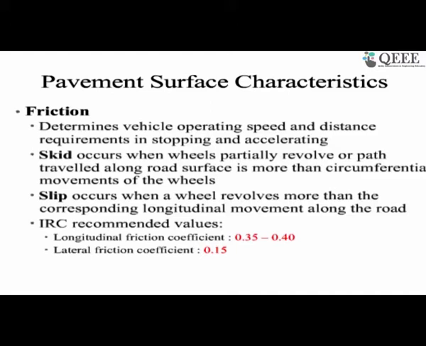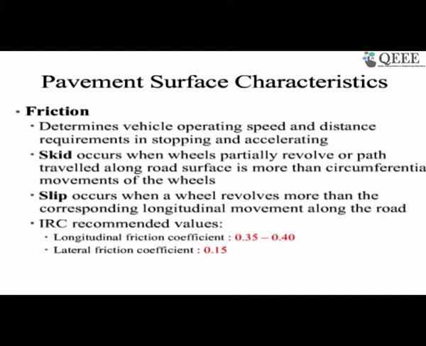Now, as I told you, there are certain recommended values for the friction. If you see, the vehicle is moving in the longitudinal direction, but the vehicle also needs a certain amount of friction in the lateral direction, because the vehicle needs to be stable in the lateral direction as well. What is going to happen in the lateral direction?